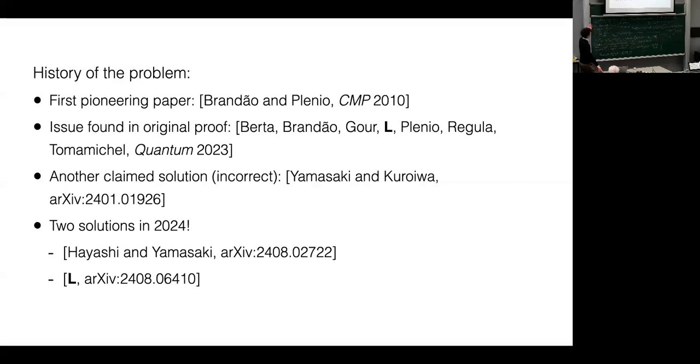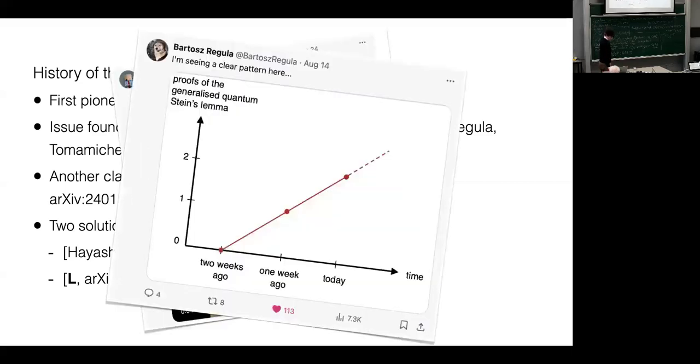And then in 2024, we have two claimed solutions. One by Hayashi and Yamasaki, and the other one in this other paper of mine. Hopefully at least one of them is correct. I checked both. They look fine.